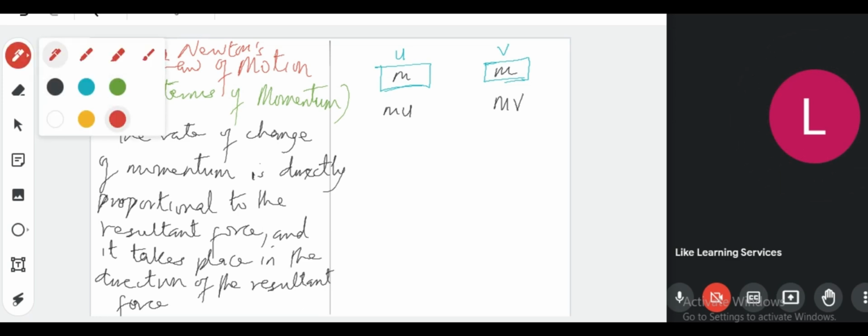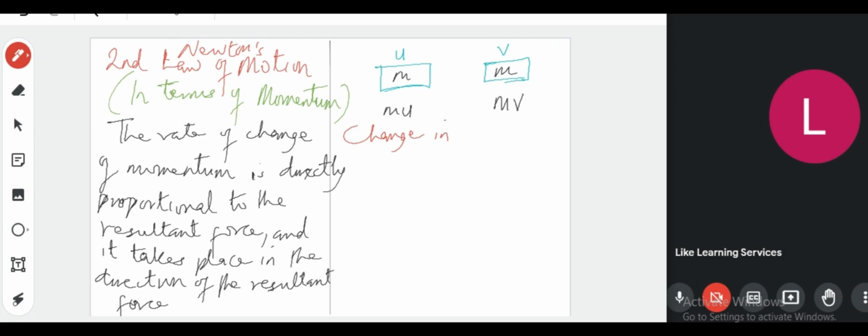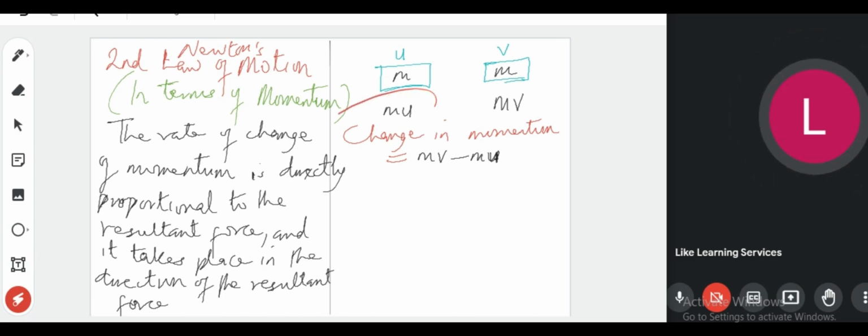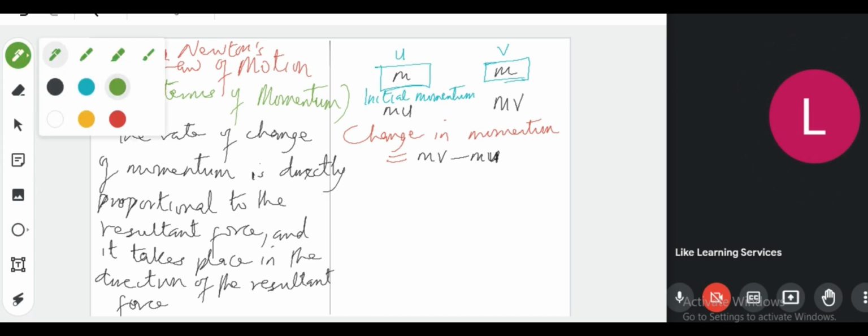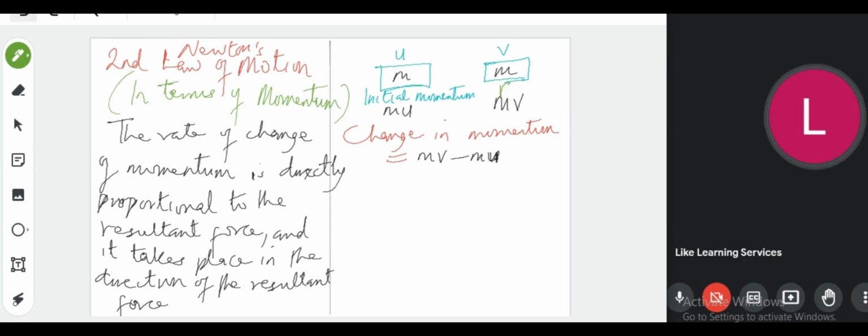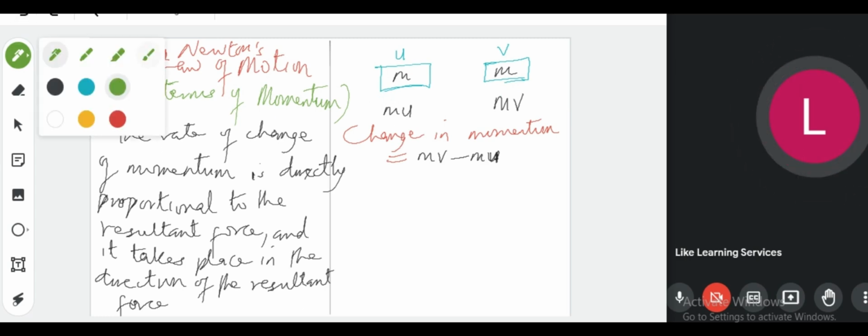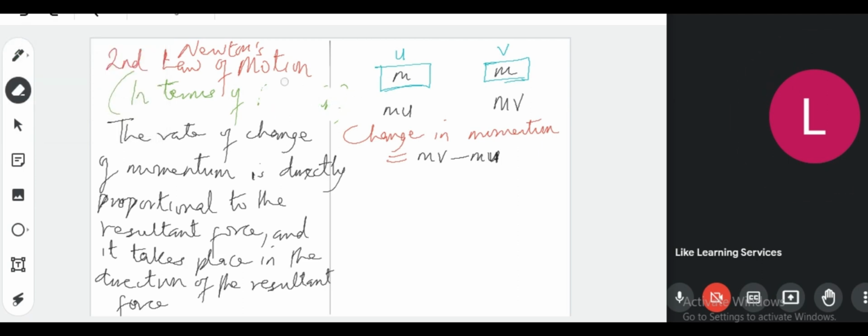Change in momentum is equal to mv minus mu, because change is about the difference. Remember, the initial momentum is mu, the final momentum is mv. Let me write it better so that it comes out clearer.